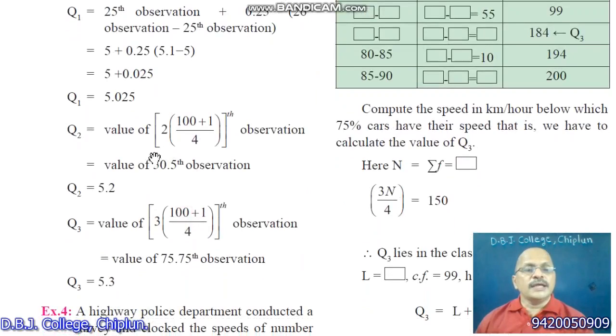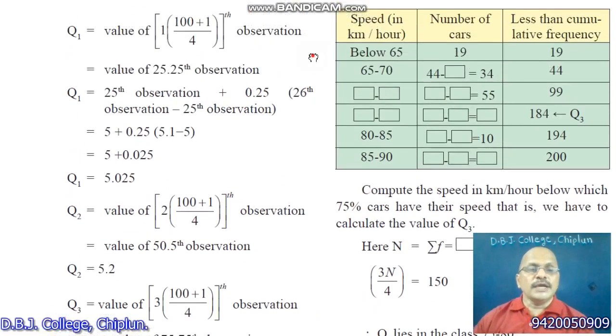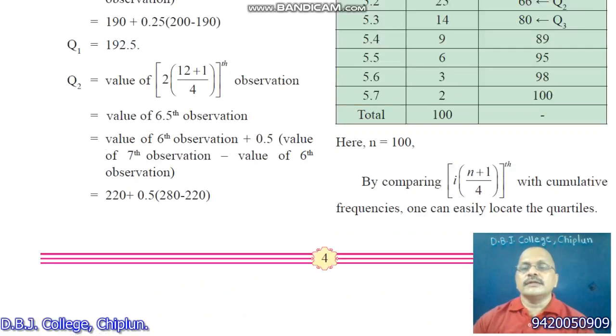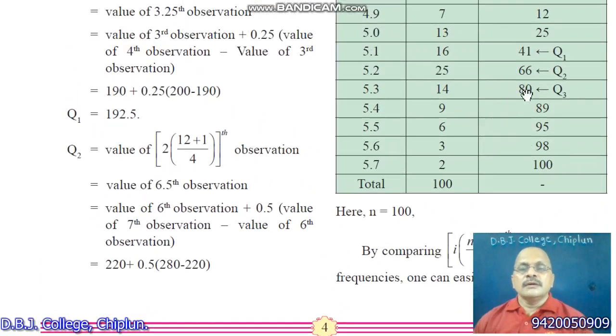Q2 is 2 into (100 plus 1) upon 4th observation, that is the 50.5th observation. Now here there is no need to calculate this, because look at this table again. The 41st observation is 5.1. I made a mistake. The 42nd observation is 5.2.